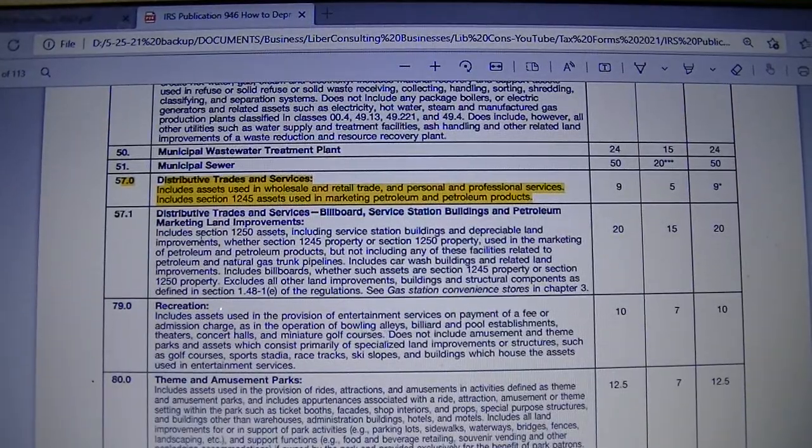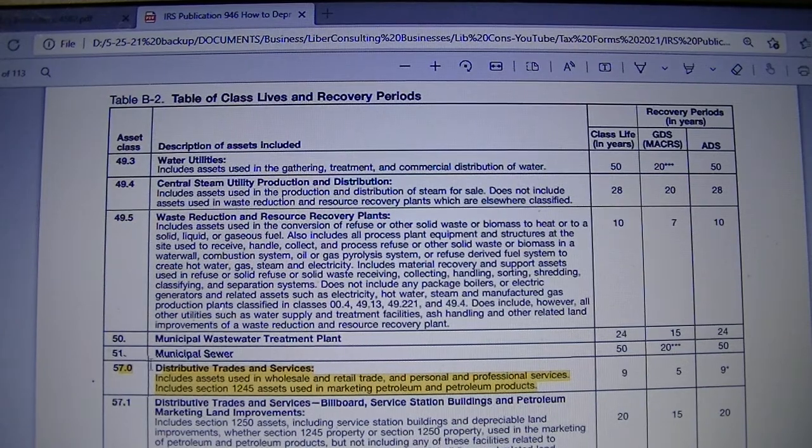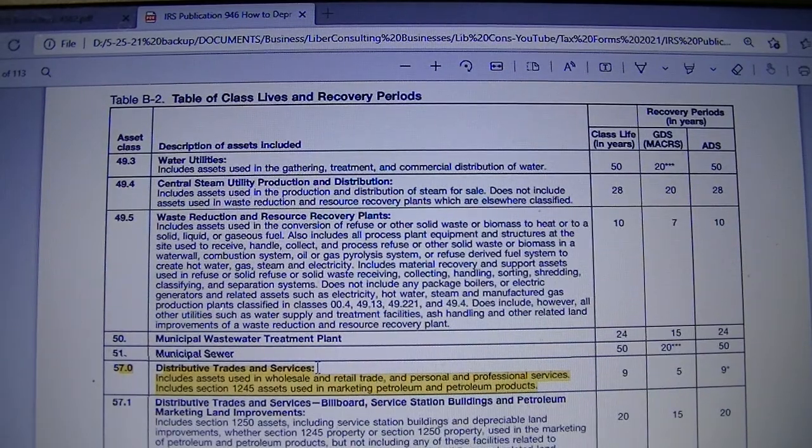And our business is asset class 57.0, and the activity described is distributive trade and services. So you will read the activity that is using the asset.